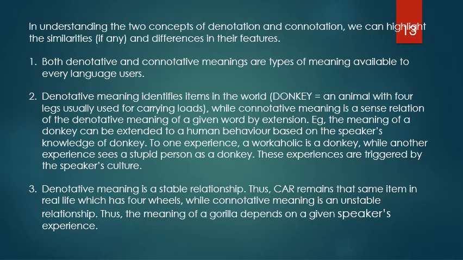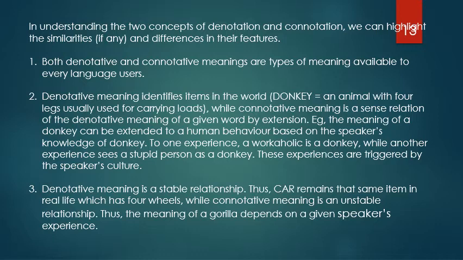The second example could be the word denki, as we have explained before. It's based on experience that we determine the connotative meaning. To some, a denki may be someone very stupid, or it simply connotes stupidity. But to some, based on their experiences with the word denki, this can simply be identified as a workaholic person.